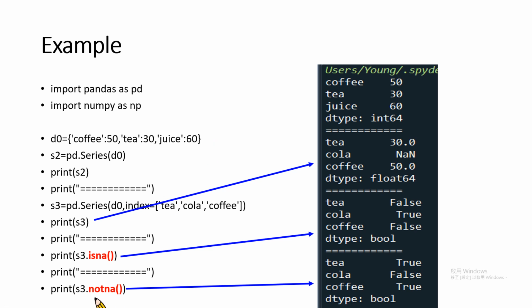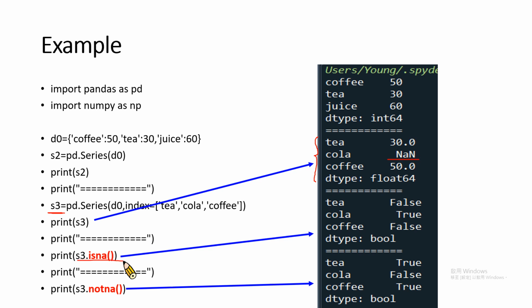Here is S3. If we print S3, it will be like that. It contains 3 elements indexed by tea, cola, and coffee. And the value for cola is NaN.